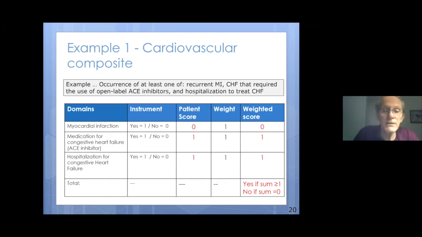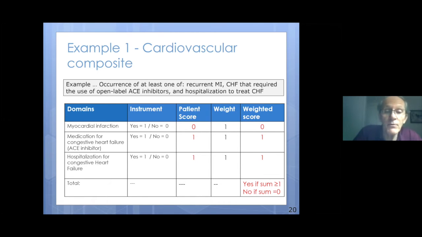Example 1 is an illustration of a binary composite. The composite consists of 3 domains, as given in the first column: myocardial infarction, medications for congestive heart failure, hospitalization for congestive heart failure. The instrument for each domain is a simple yes or no, as indicated in the second column.